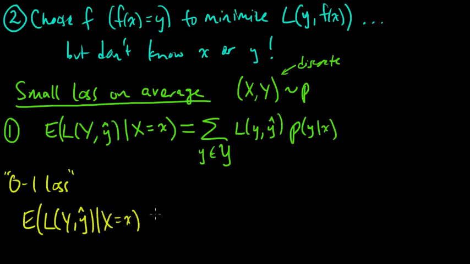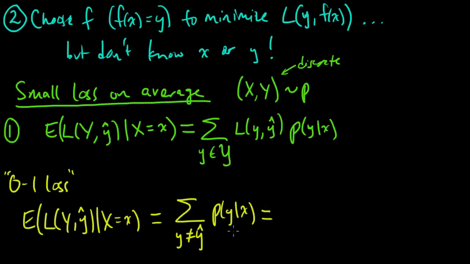I'm just copying this. And now this part, when y is equal to y hat, then it's 0 and it's 1 otherwise, so it's the sum over y's not equal to y hat of this conditional distribution.